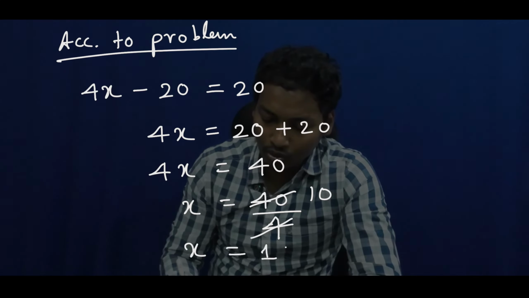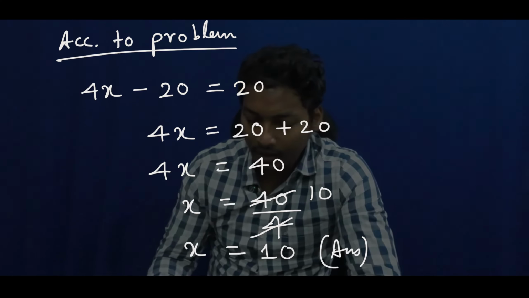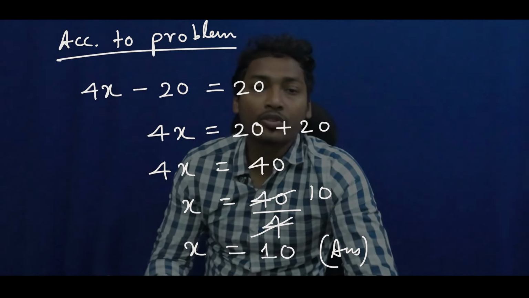So x is equal to 10, and this will be your answer. So as per the question, if you do 4 times this answer, that is 10, you will get 40, and from that if you subtract 20, obviously you're going to get 20. So let's move on to the next question.